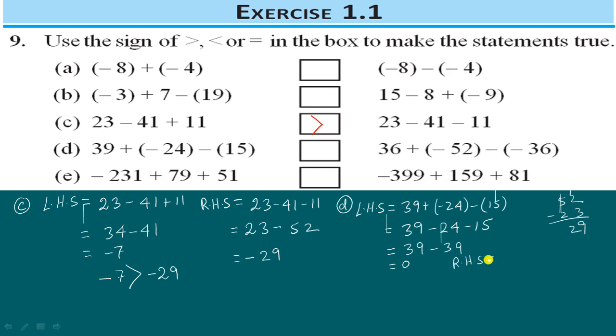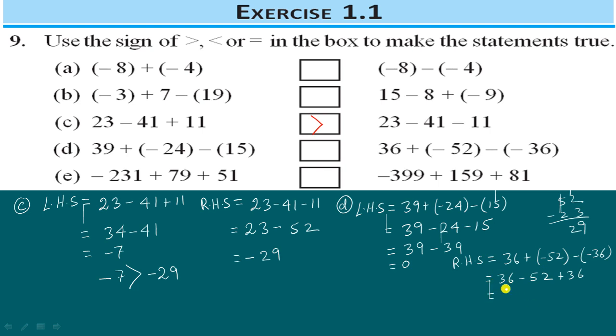And if we take the right hand side, RHS, then we are getting the value as 36 plus, in bracket, minus 52 minus of minus 36. Then what we are getting? We are getting 36 plus into minus is minus 52 and minus into minus is plus 36.